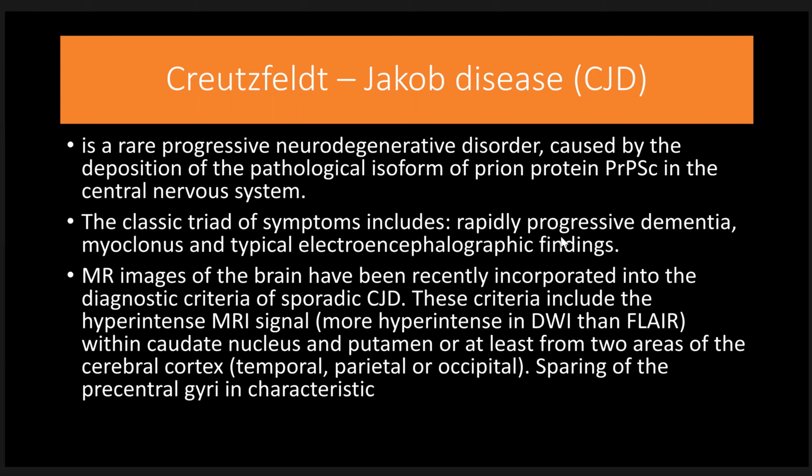Creutzfeldt-Jakob disease is a rare, progressive neurodegenerative disorder caused by deposition of the pathological isoform of the prion protein in the central nervous system.